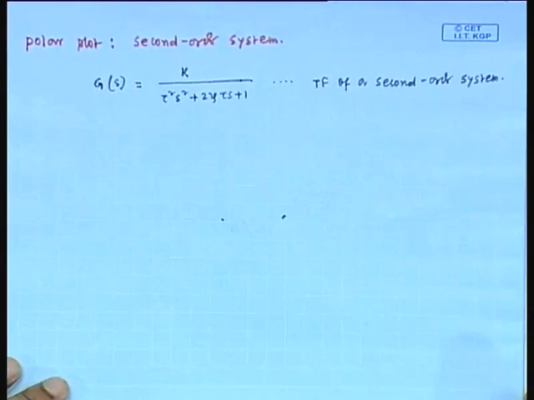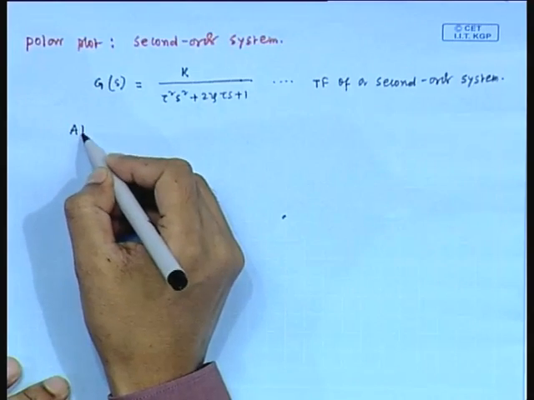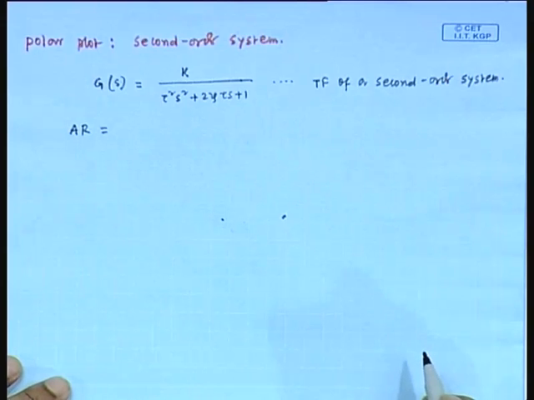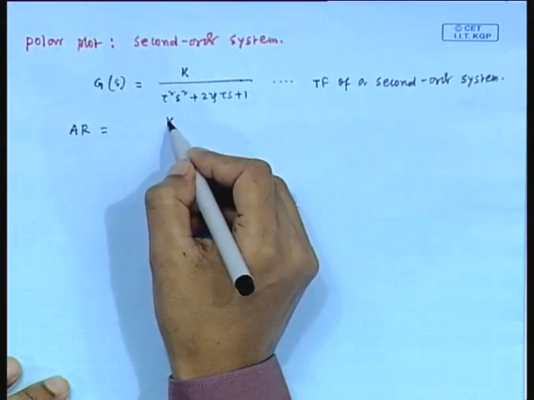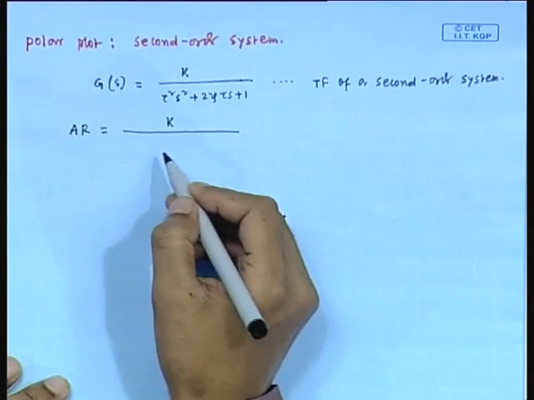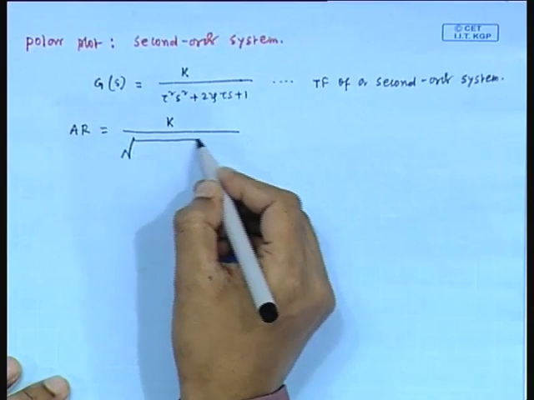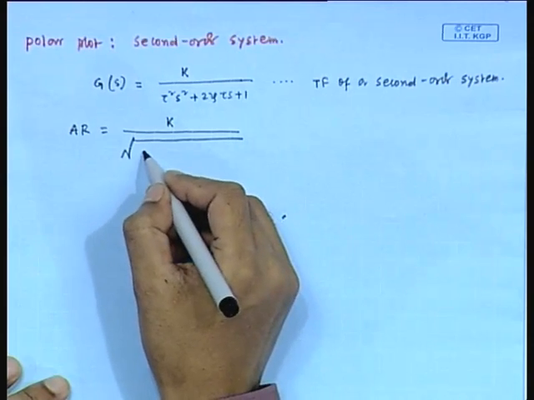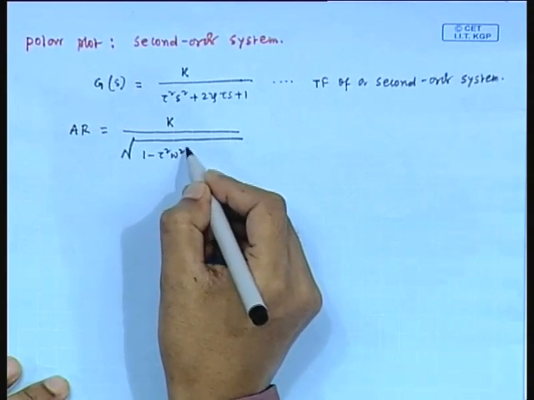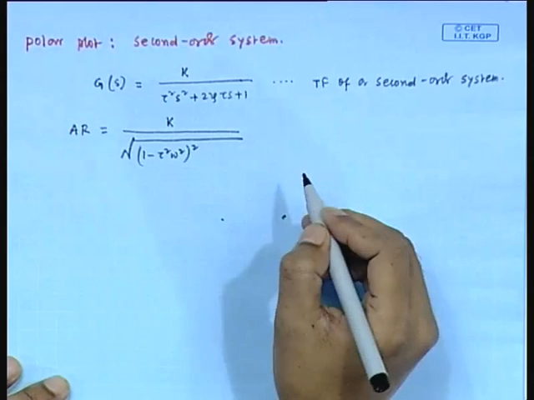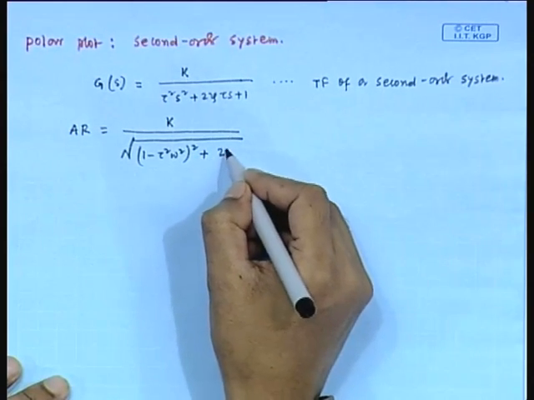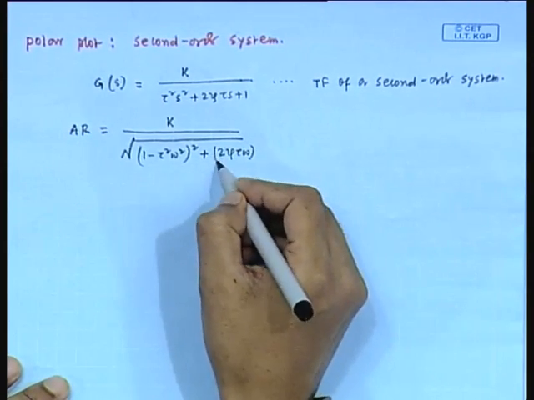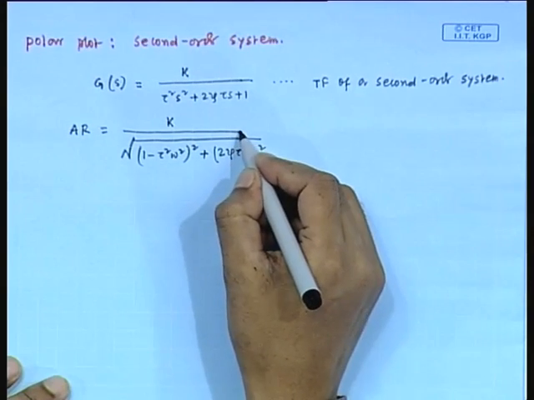Fine. Previously, we determined the expression for amplitude ratio and phi for second order system. The amplitude ratio equals k divided by root over of 1 minus tau square omega square whole square plus 2 zeta tau omega whole square.